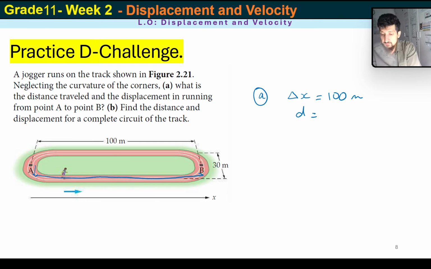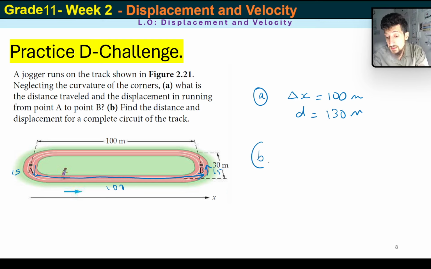And then back up. So if we ignore the curves, then we know that that's 15 down and that's 15 up. How do I know that? It's about halfway down this way. So 15 and 15, and then we have 100. So therefore the distance is going to be 130 meters. 15 meters down, 100 meters forward, and then another 15 meters up.